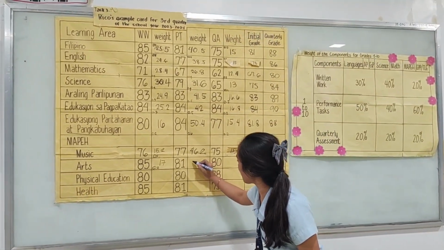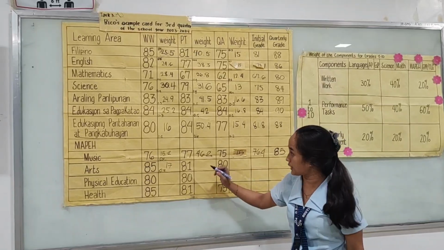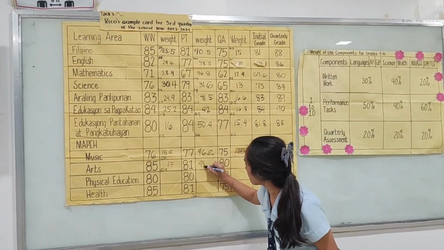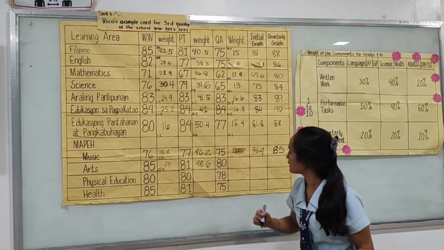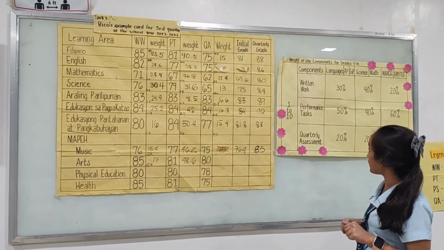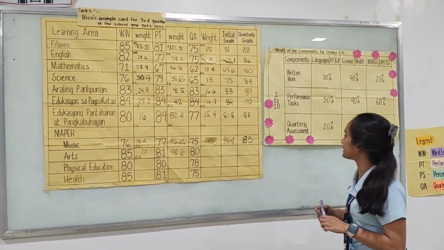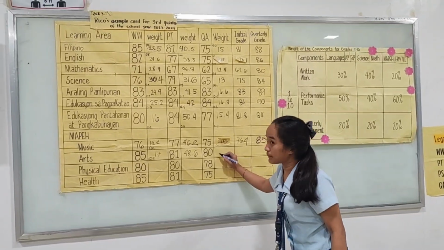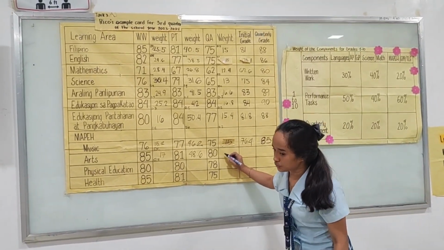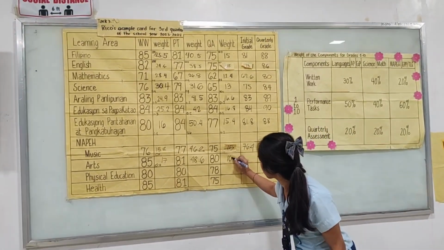So 81 times 0.6 is 48.6. So the weight component in quarterly assessment in MAPEH Arts is 20%. So 80 times 0.2 equals 16.